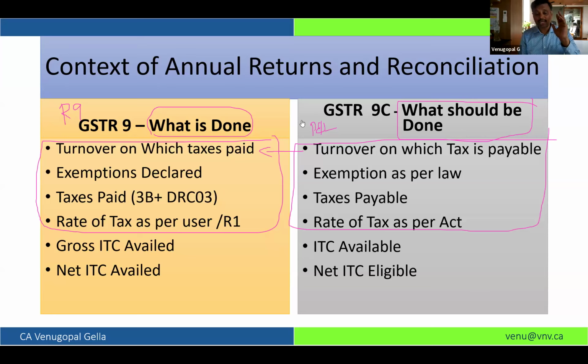But unless you understand the concept, you will keep thinking, why am I showing it here? Why am I not showing it in another place? So can I consider that all of you have understood? If yes, please put yes in the chat. Thank you so much. Lovely audience. Over to you, Ashika.